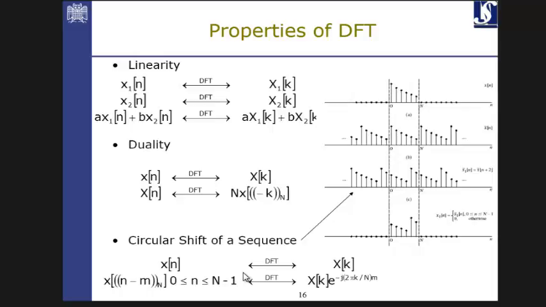As an example, if you have signal x of n, these are the samples of the signal from 0 to n minus 1, for example. Then that's the periodic form of the signal here, that the periodic form with n becomes like this.